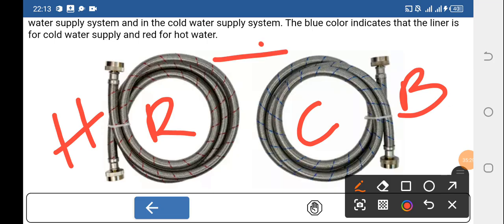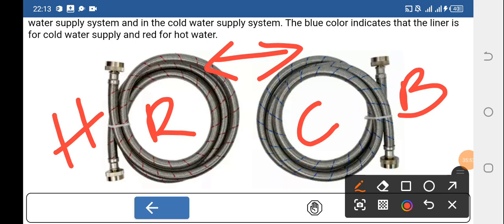If you are using a mixer tap, which receives two color codes of cold and hot water, you can use these two flexible connectors. Sometimes it's very important to follow these specifications, because many plumbers make mistakes.